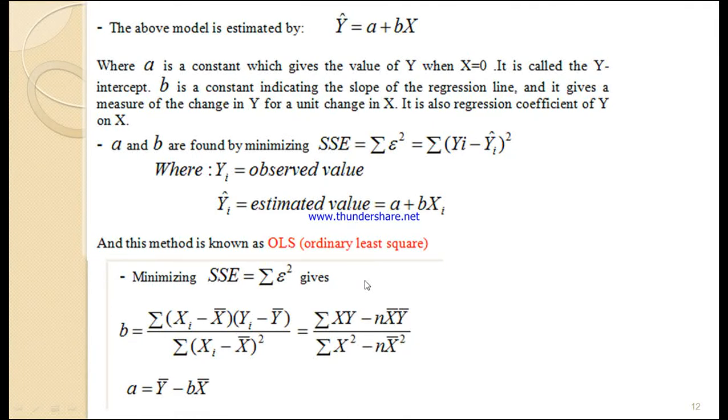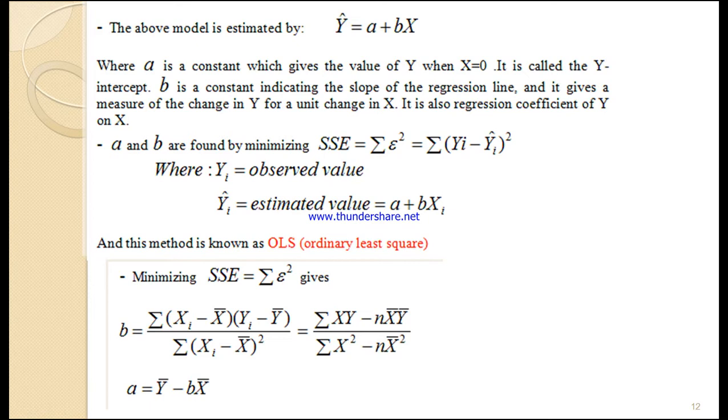Hello students, this is the second lecture on chapter 5, and in the first lecture video we have looked at the definition of simple linear regression and correlation. At the same time we have discussed how the correlation coefficient is calculated for quantitative data and qualitative data.